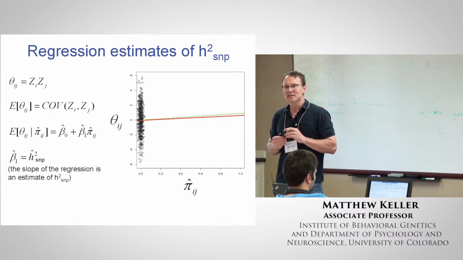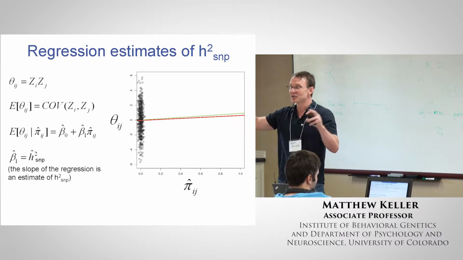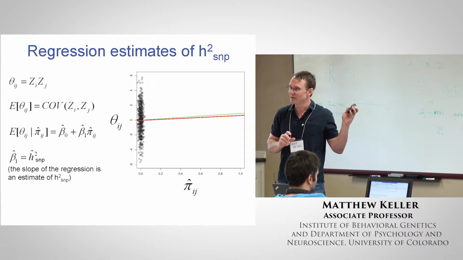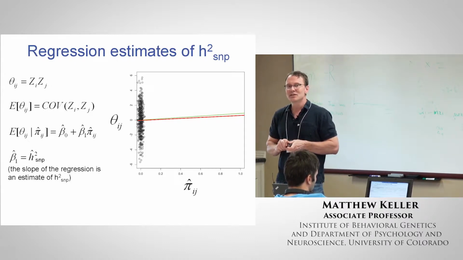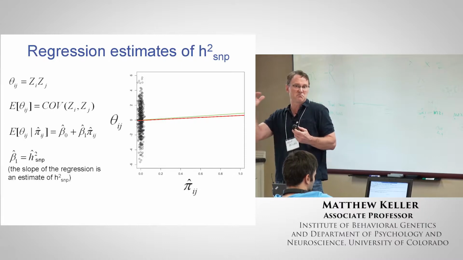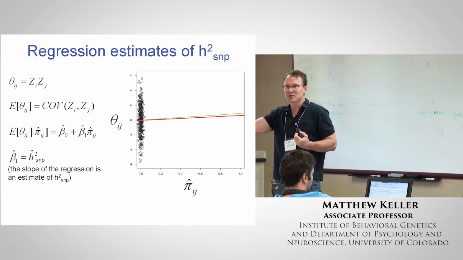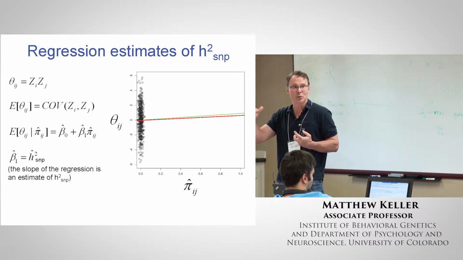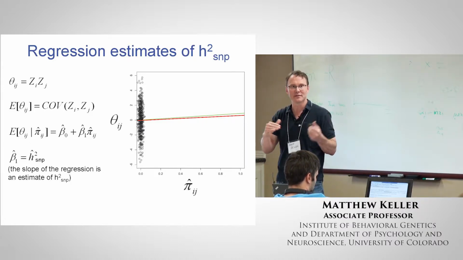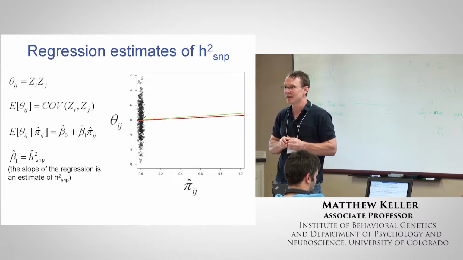So SNP heritability is going to reflect the degree to which the causal variants that are actually out there are tagged by the SNPs that we use in the array. So if we know the true heritability is 0.5, and we're using common markers and we're getting a SNP heritability of 0.45, that tells us that most of the causal variants are being tagged by whatever we use to make that genetic relatedness matrix, or to build those pi hats.